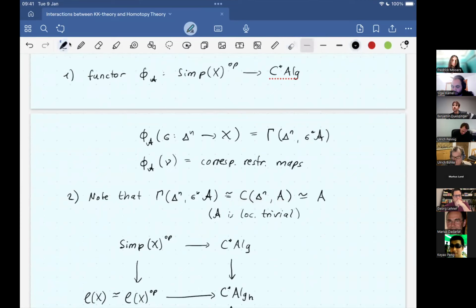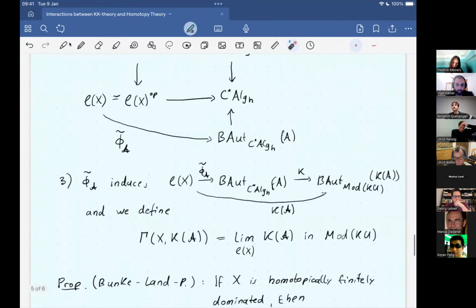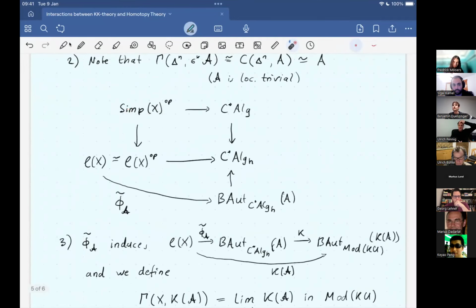If I have C0 of an open set with values in A and take the K theory of that, it's not just given. That's like relative K theory to the one-point compactification again, right? So that's why sheaves don't really work here, and we had to go through this alternative route using simplices. Thanks. Yep.